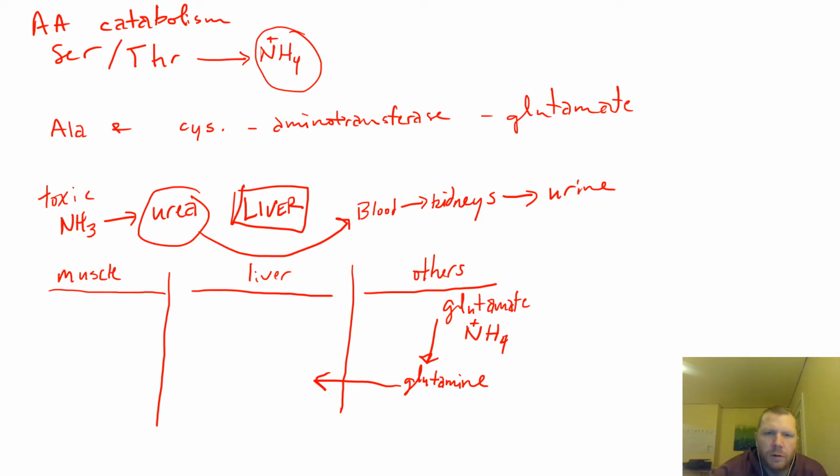Now, once in the liver, well, it can be deaminated through the enzyme glutaminase. I should have planned for more space there. And glutaminase is going to make glutamate, and it's going to release NH3, or NH4 as it would be.